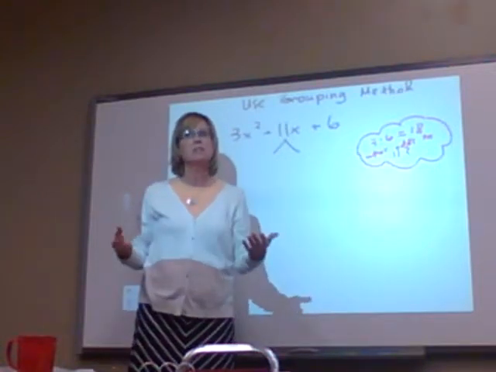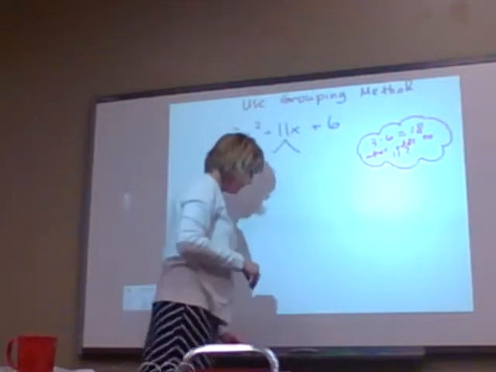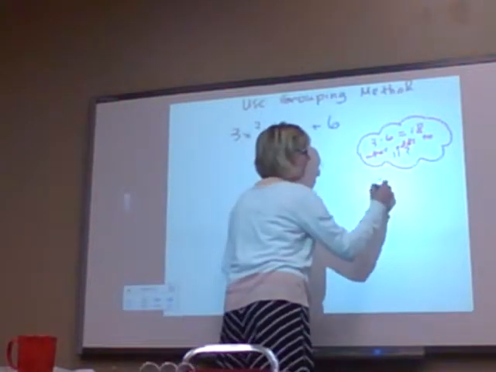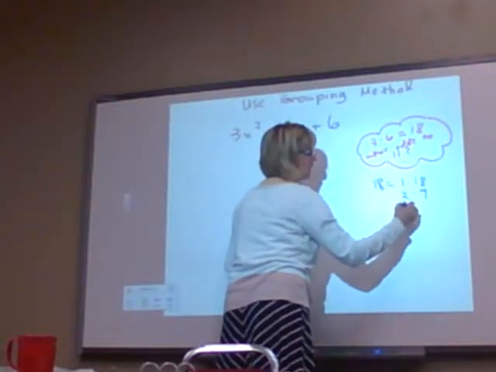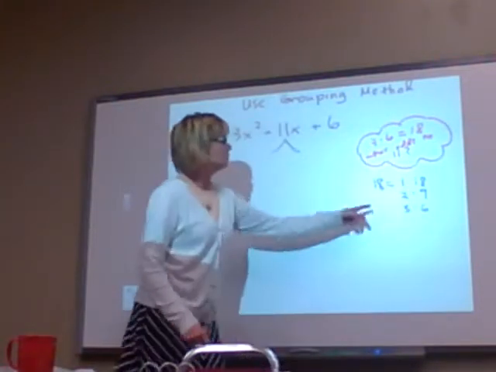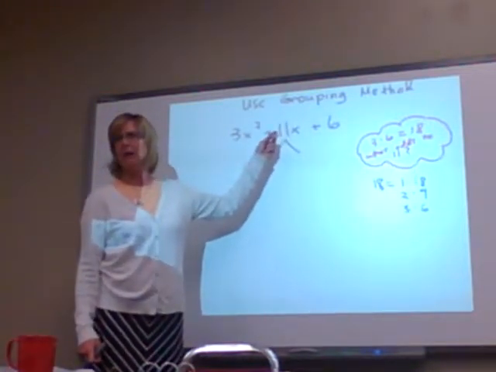This is the same process that we did before, right? Exactly the same as we did before. So factors of 18 are 1 times 18, 2 times 9, 3 times 6. Which of these 3 pairings adds to 11? 2 and 9, right?